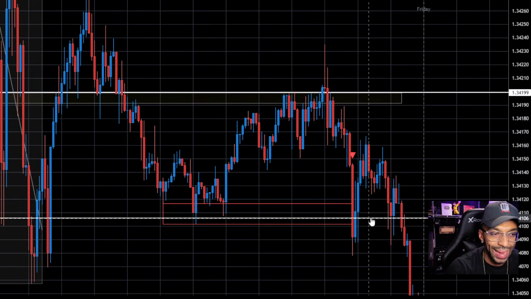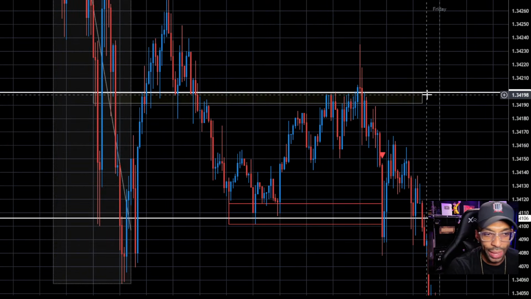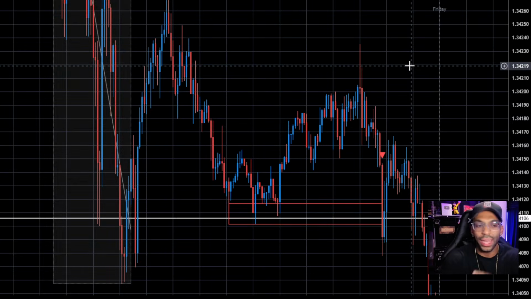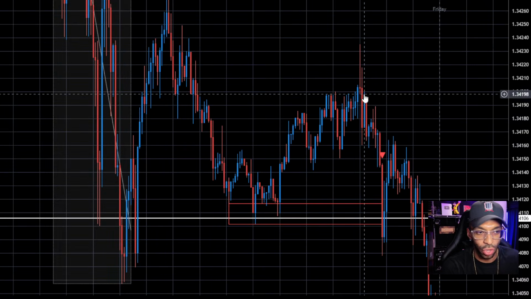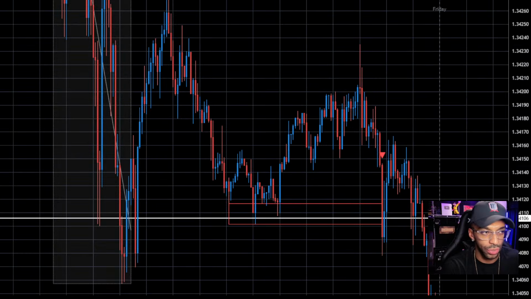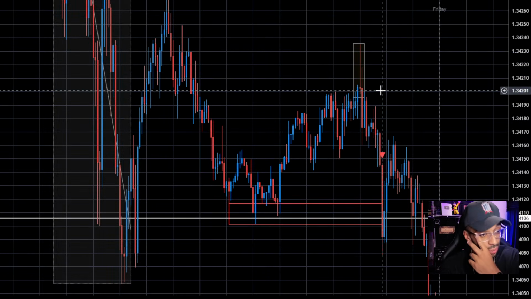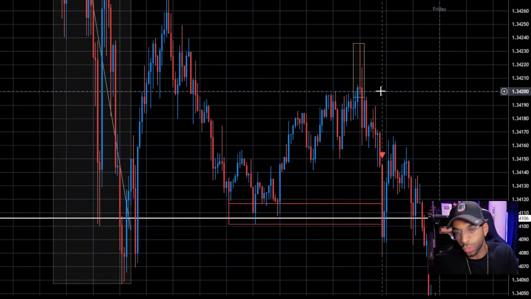Okay. Now here, not only do we have that long wick on the top and long wick on the bottom, but if you're looking at the body of the candle, there is almost no body here. There's no body on this candle right here, this long candle in the middle. This would be what we call a doji in the market. Now, there are many types, there's different types of dojis, right?